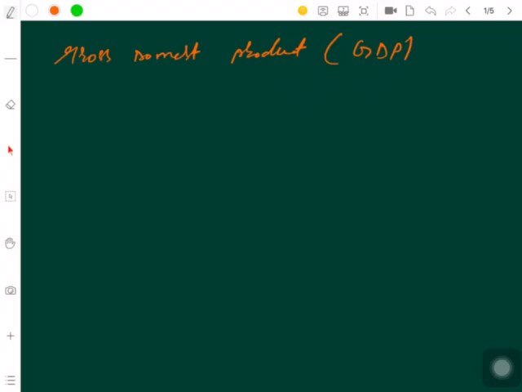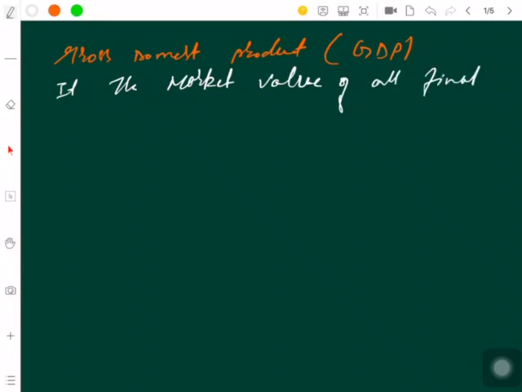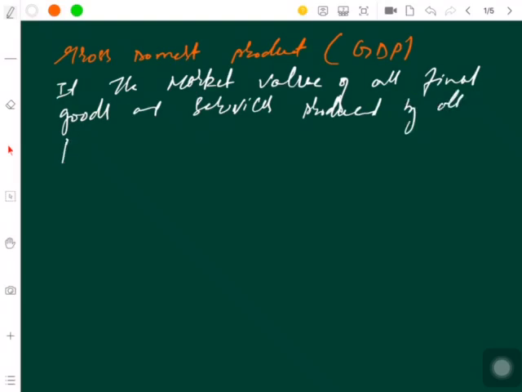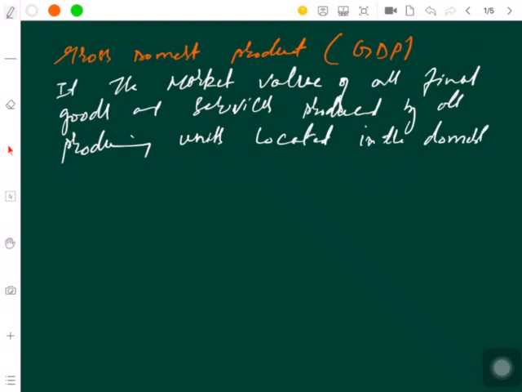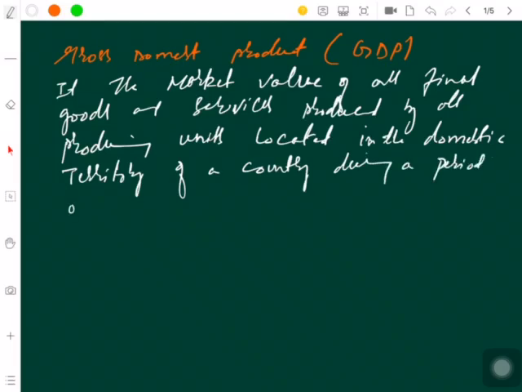It is basically the market value of, let me write it down for you people, all final goods and services produced by all producing units located in the domestic territory of a country during a period of 1 year.